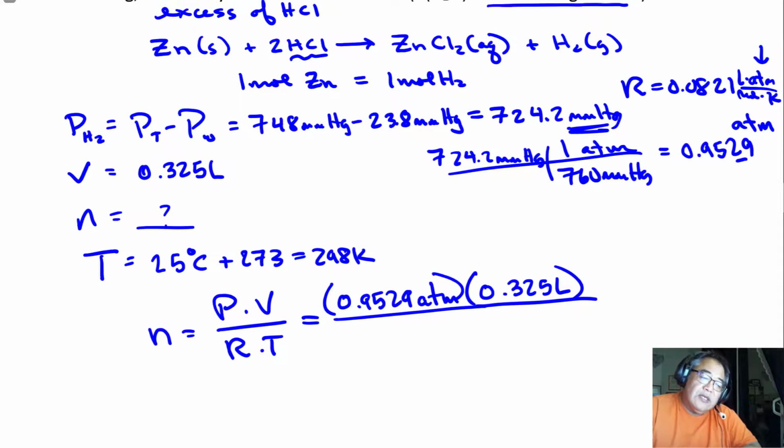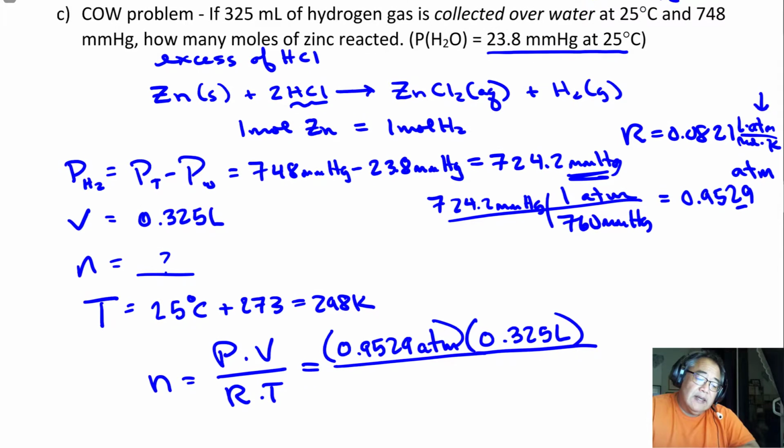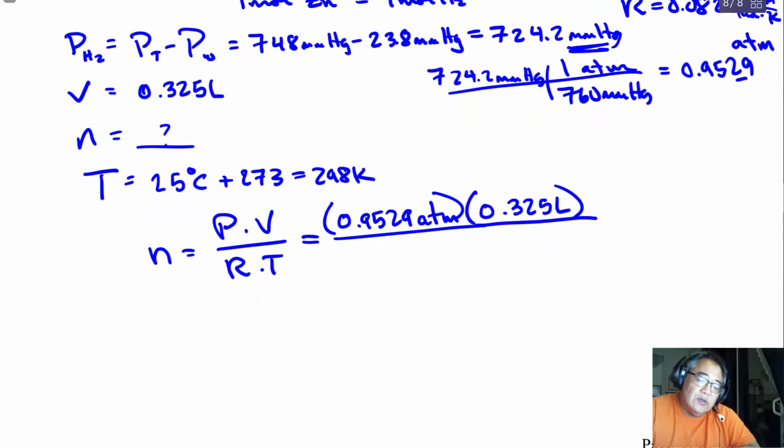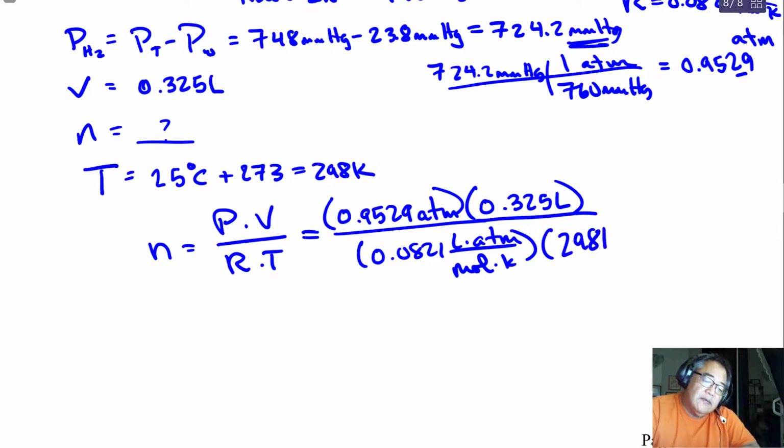I do those in my head, and you should probably be close to the point where you can start thinking about things like that. But if you can't do that, then go ahead and just set it up the normal way and convert it. R is 0.0821 liters times atmospheres over moles times Kelvin, times 298 Kelvin, like that.